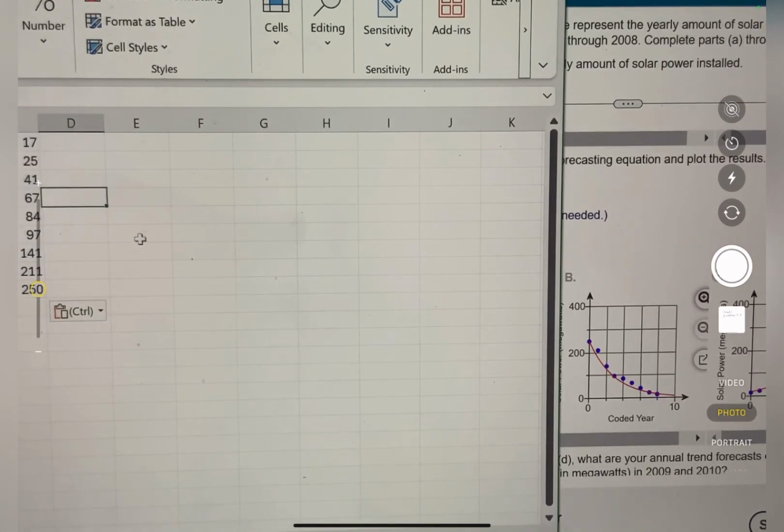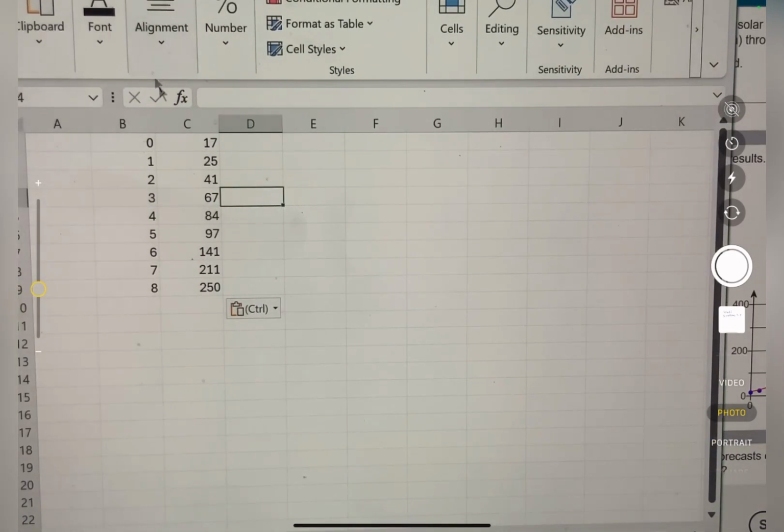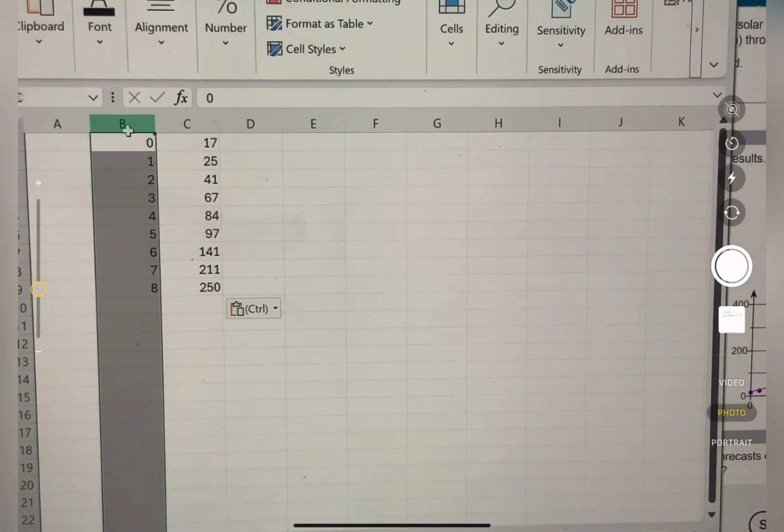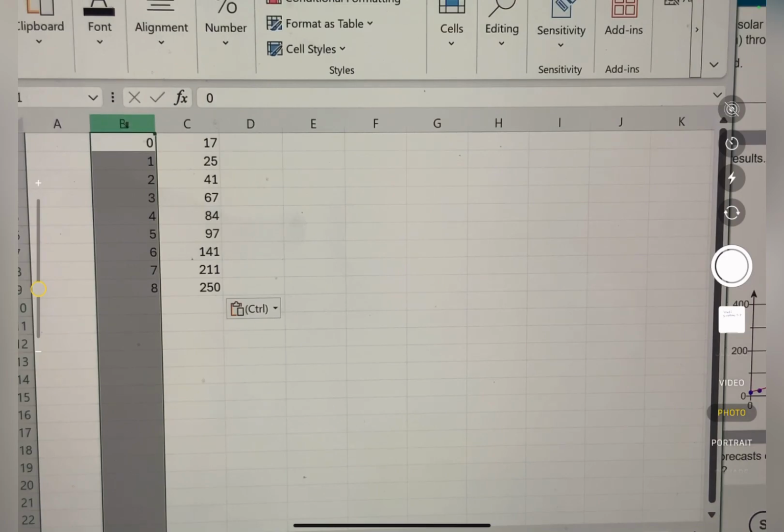Okay, we got it. So let me double click. Let me see. I could type here practically.